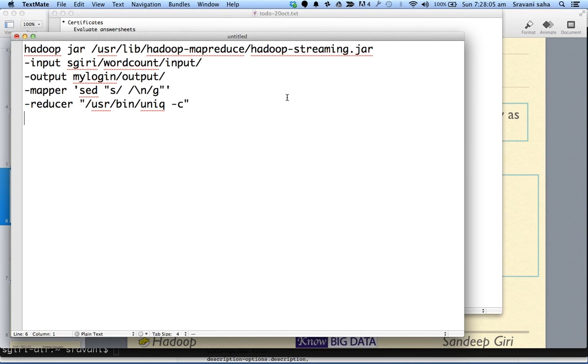Basically, instead of writing code in Java, we are trying to use this library which takes any command as mapper and any command as reducer, and that's all. Amar, Apurv, Bhupati, Rajnikant, Sai, and Sini, are we on the same page?